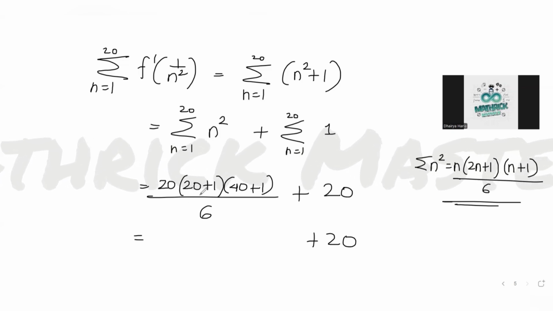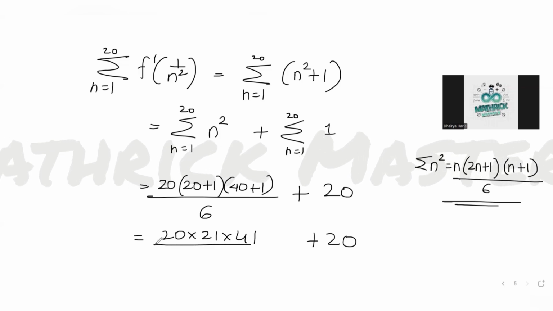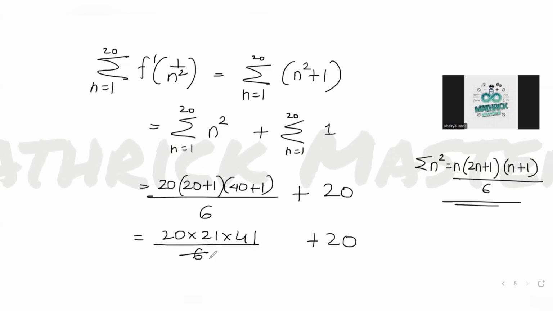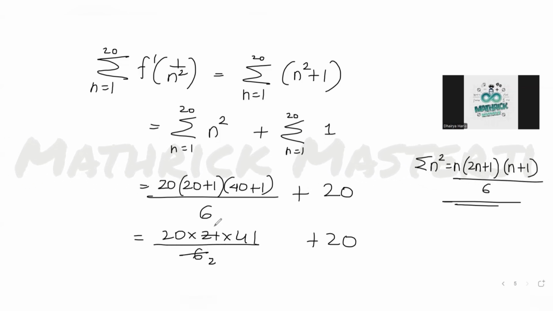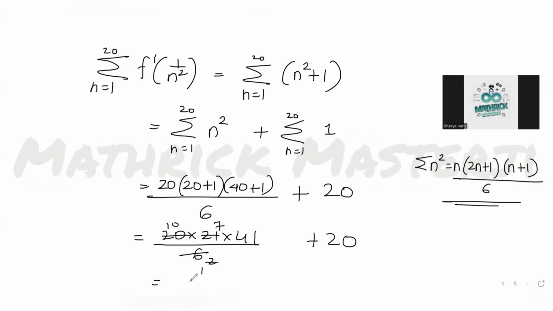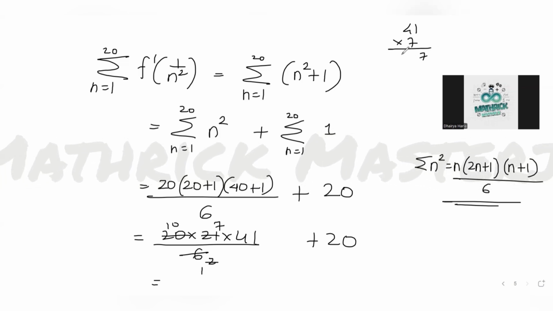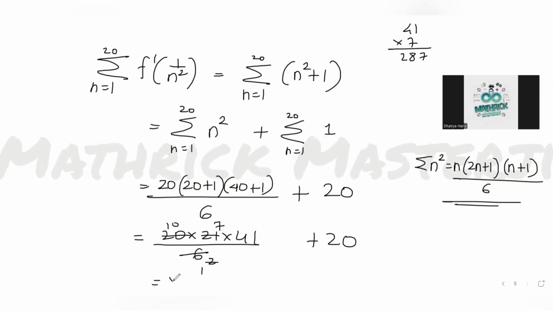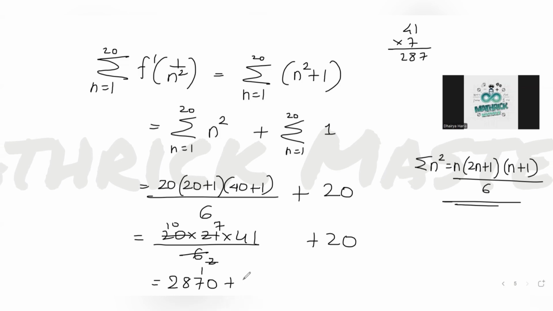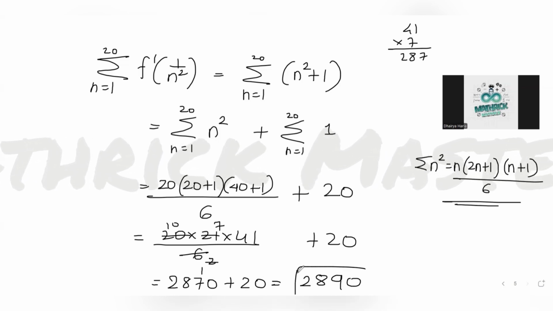If I cancel, 21 and 41 over 6: 3 two times and 3 seven times, 2 one time and 2 ten times. So you get 70 times 41, which is 2870, plus 20. So adding that gives me 2890.